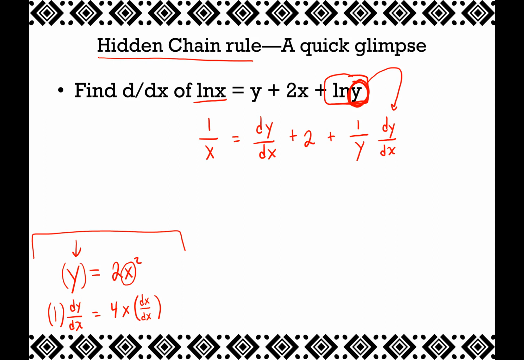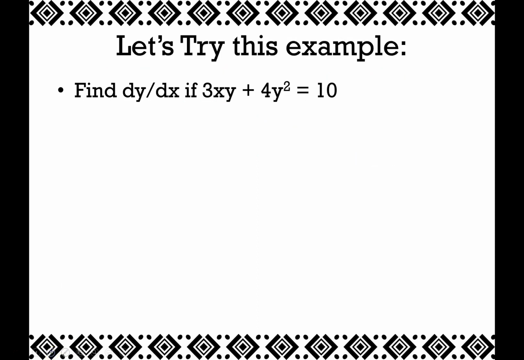So this is really kind of confusing right now, but I promise you that it will get more clear as we do more problems. This problem right here isn't quite solved. We could certainly solve for dy dx, but that's not the purpose of this slide. The purpose was to introduce this hidden chain rule. So that problem's not completely solved, but that's all right. We got our point across.